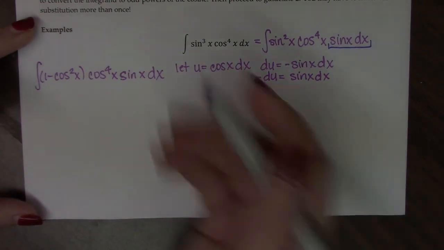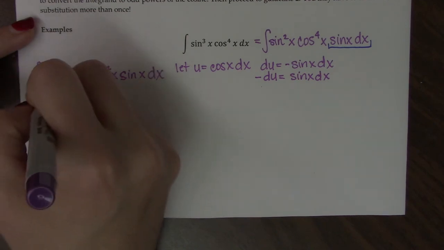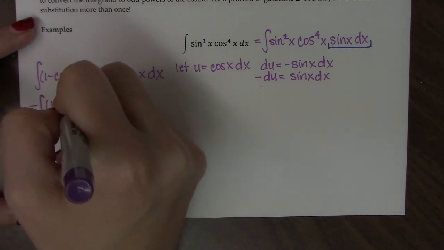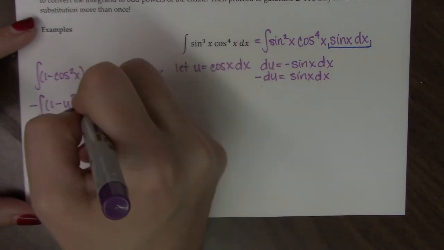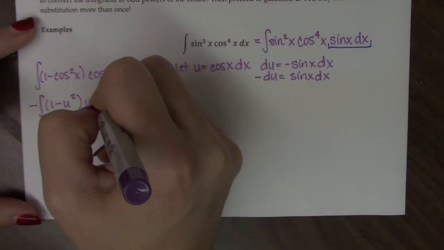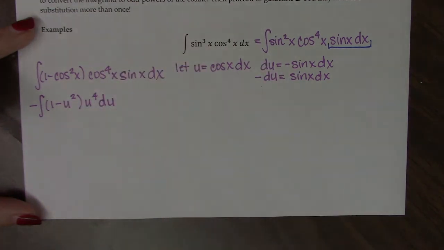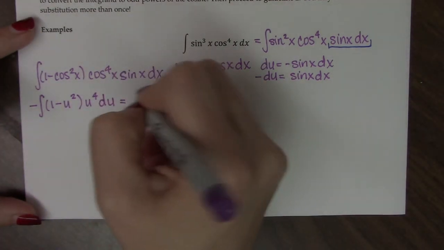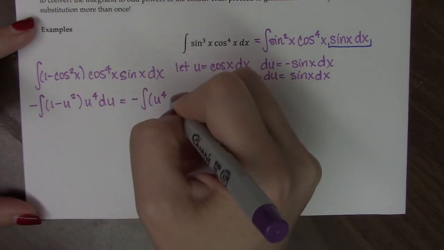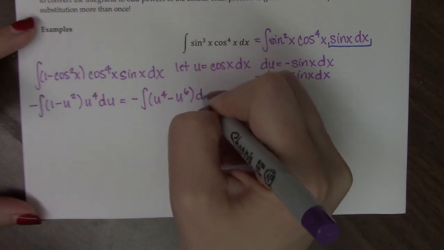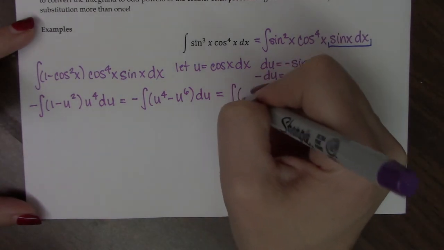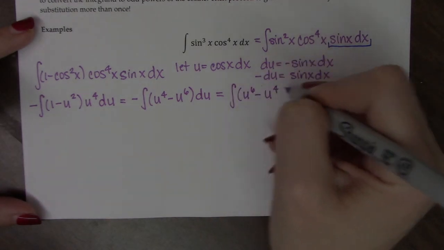So then this gives me a negative, that's my negative du, I'm just pulling the negative 1 out front, 1 minus u squared times u to the 4th times du. Then I'll distribute my u to the 4th. I'm going to put my negative sign back in here before I anti-differentiate, so this just reverses the order of subtraction.